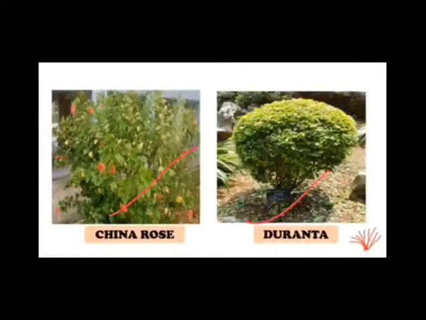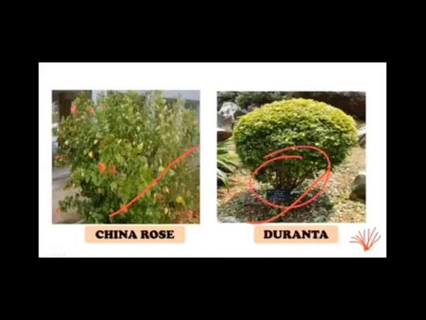You can see in this picture also, these China rose and Duranta are taller than the herb, but they are shorter than the trees. Okay, so they have a woody stem, but it is not very thick. And you can see here also the branching starts near the base or close to the ground.